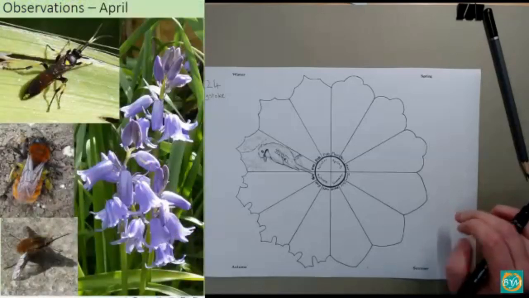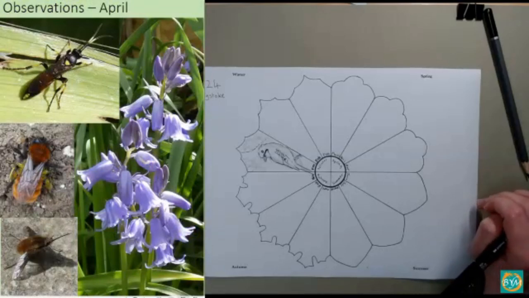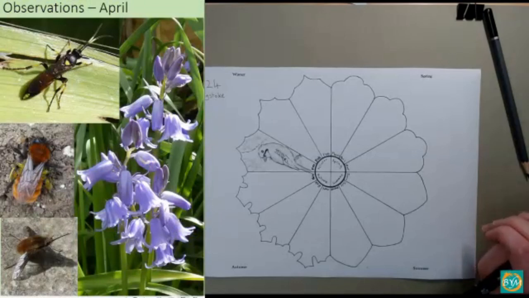So here's April. I've actually got 3 insects. No birds. Oh no, there were birds that I could have chosen, but I was struggling to choose between these 3. So we've got a Darwin wasp, we've got the tawny mining bee, and there's a bee fly as well, and then loads of bluebells about.